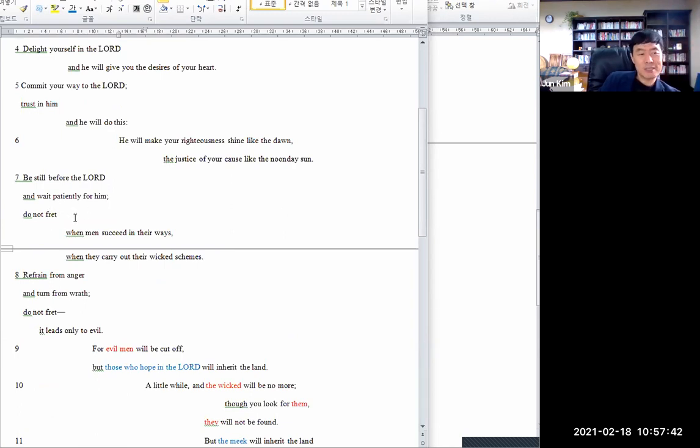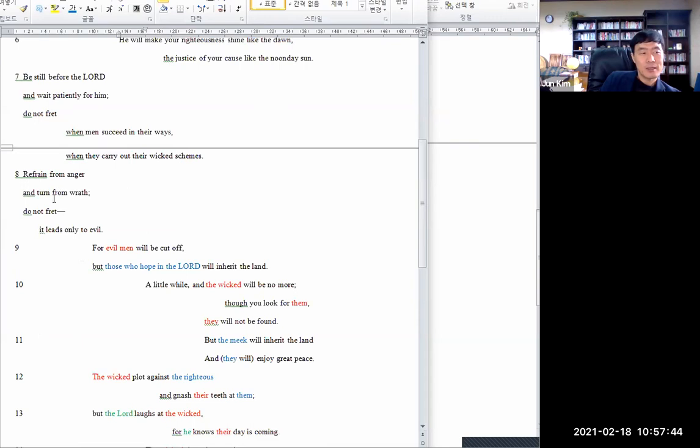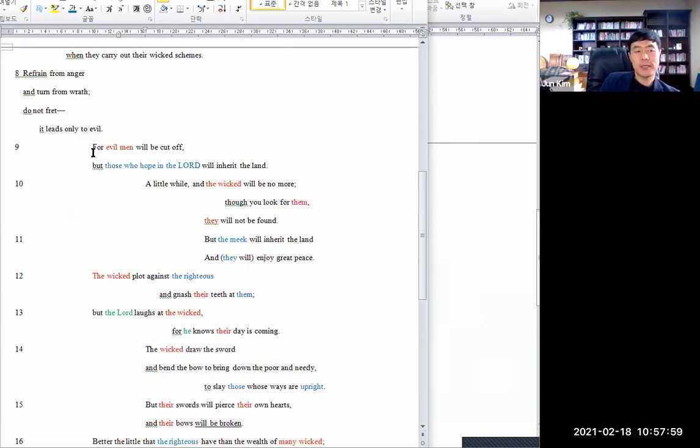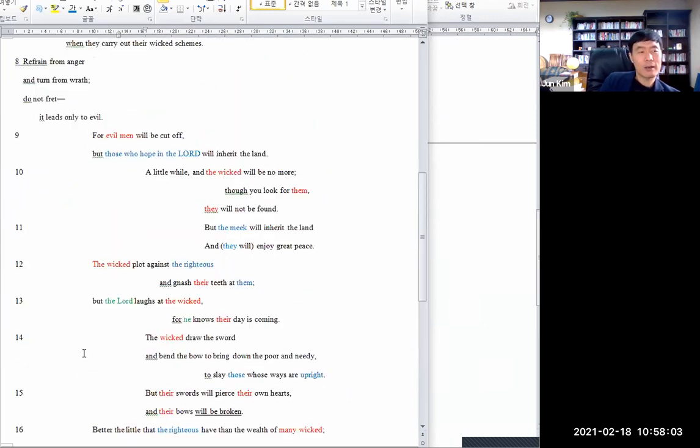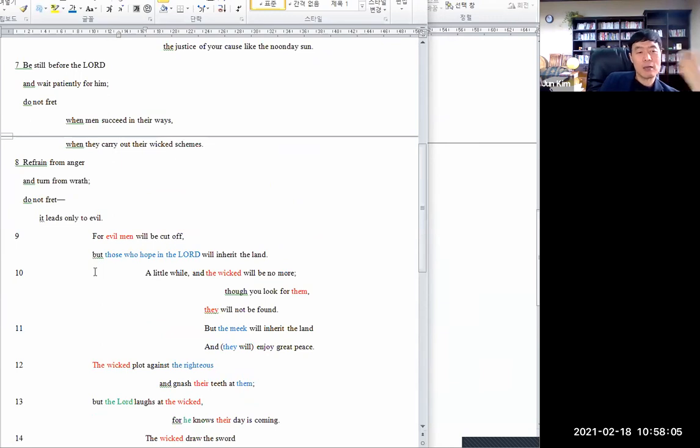Do not fret, but refrain from anger and turn from wrath. Do not fret. Why? Because it leads only to evil. And as a further explanation, verse 9 to 24 provides the comparison between the evil man and the wicked.